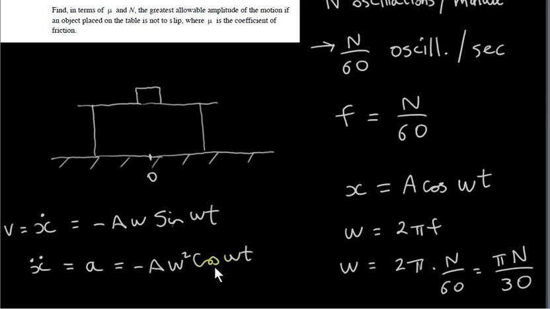Now, the maximum value that the acceleration can have is this quantity here. You could just memorize this formula, and we can ignore the minus sign, since the acceleration can be positive or negative. If we're just interested in the magnitude of the acceleration, we take the magnitude of this quantity, which is A omega squared.